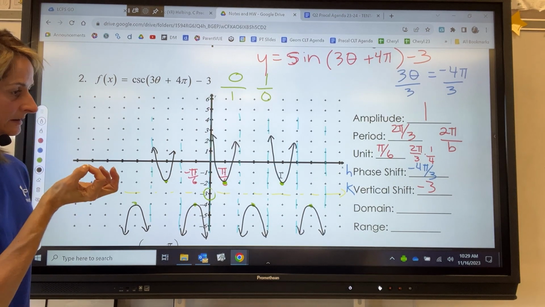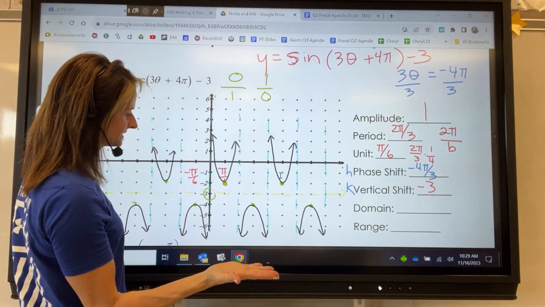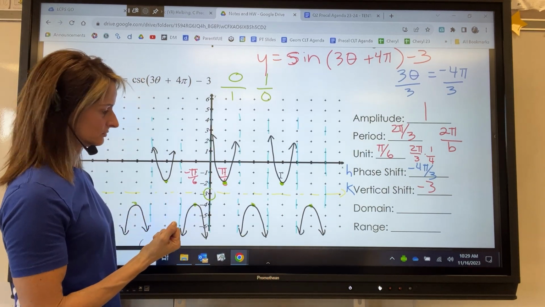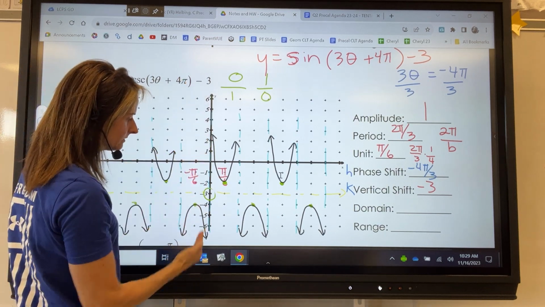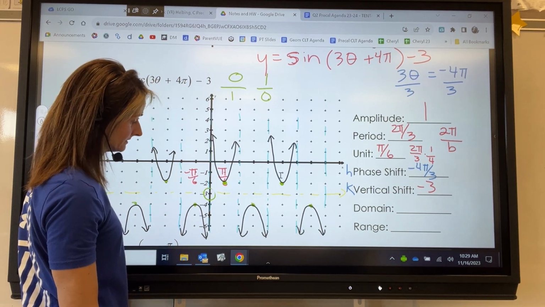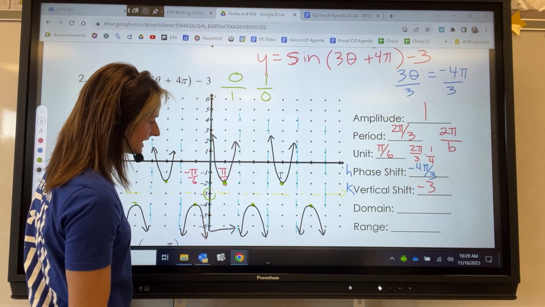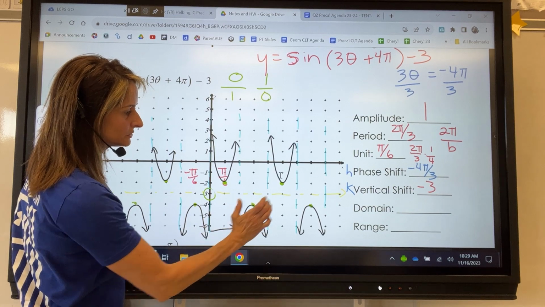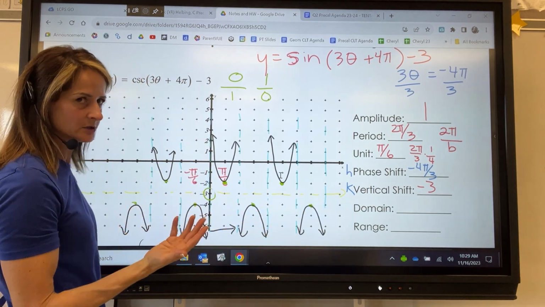Now, the domain is all the x values except the asymptotes. So we have to identify where the asymptotes are. The first asymptote is right along our y-axis. So the distance to the first asymptote is half the period. So for my domain, I don't have to state the first one because we're at 0.